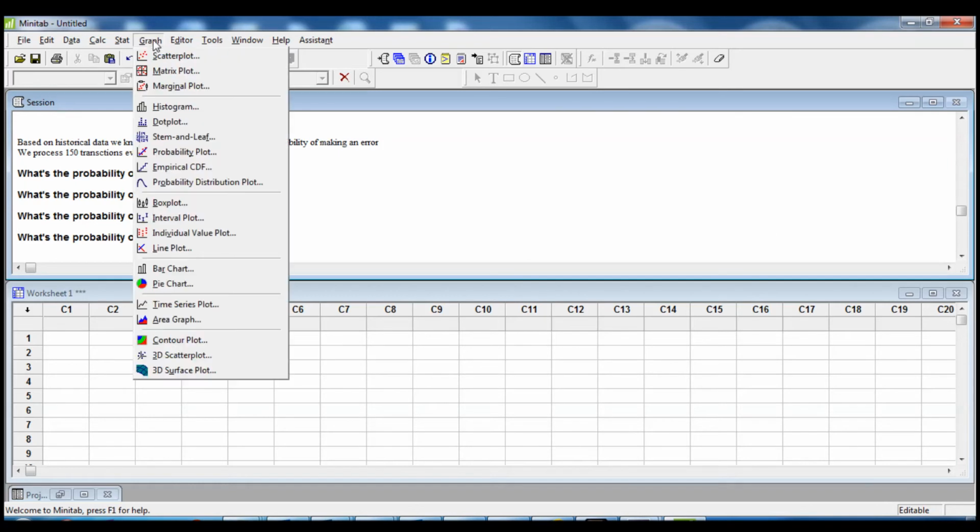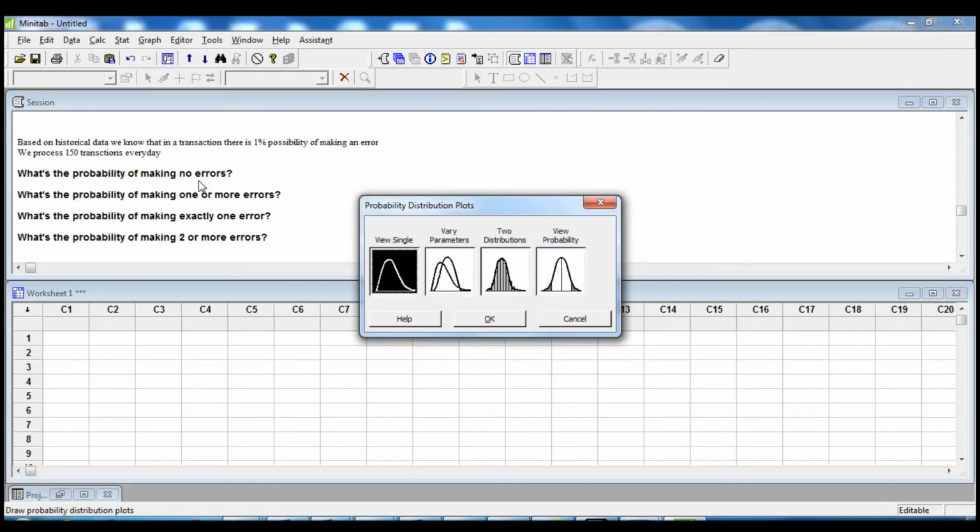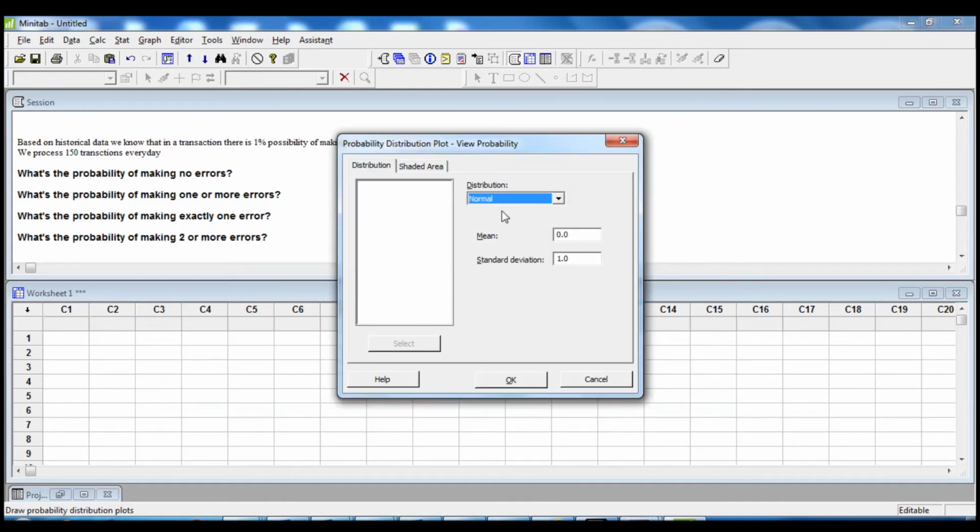So we click on Graph, Probability Distribution, View Probability. Then we select Binomial. The number of trials is 150, and the event probability is 0.01, because we know that there is 1% possibility of making an error, and we process 150 transactions every day.